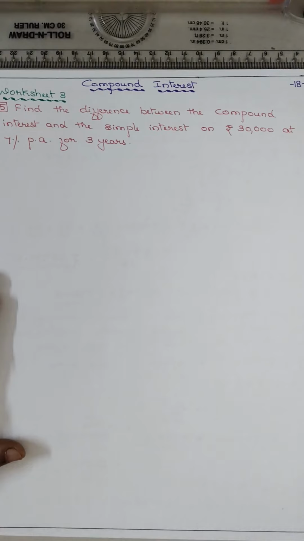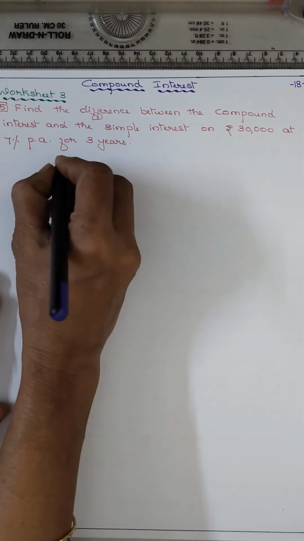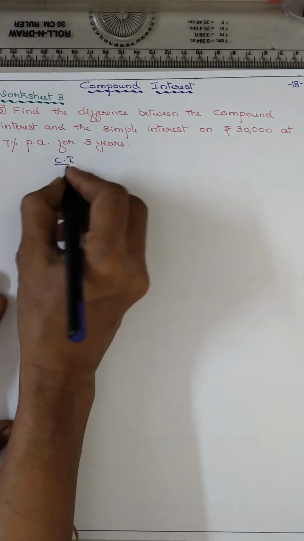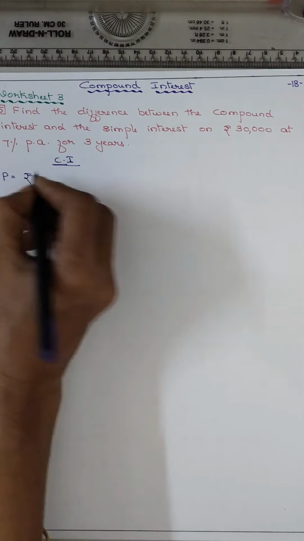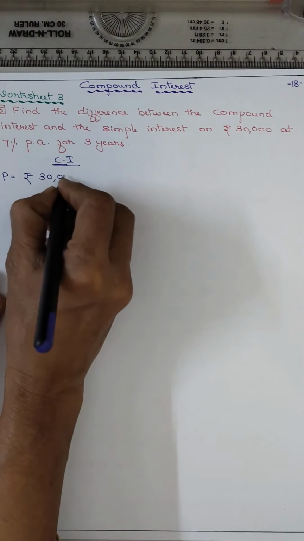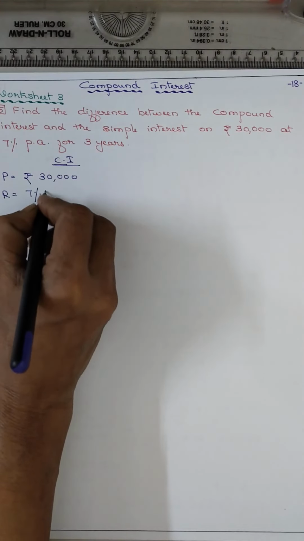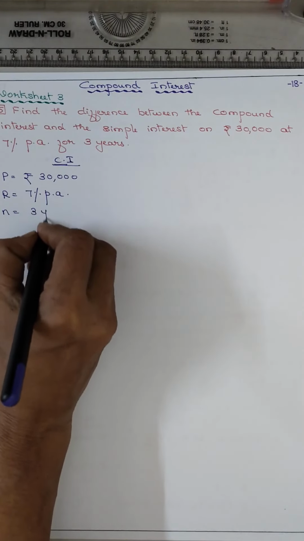So first write what are all there. For CI, P is equal to rupees 30,000, R is equal to 7% per annum, and N is equal to 3 years.